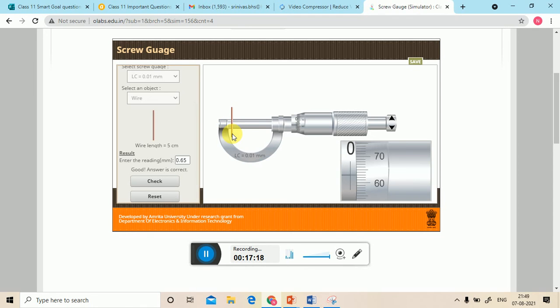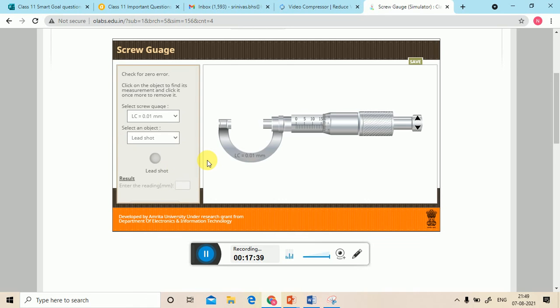Similarly, for the glass plate, we calculated the thickness, and if you measure the length and breadth of that glass plate, we can easily find out the volume of the glass plate using the equation L, B and H, length, breadth and height.